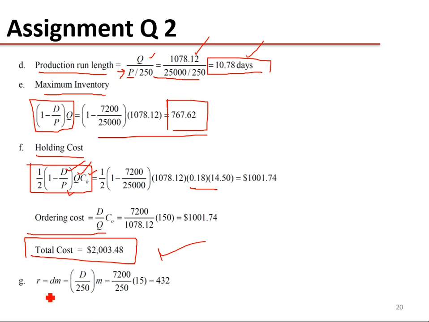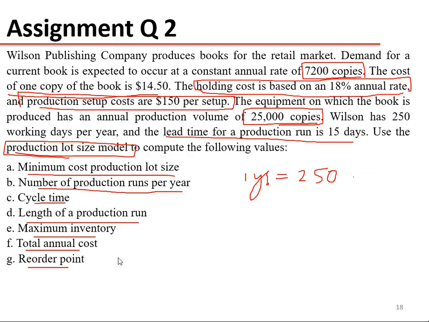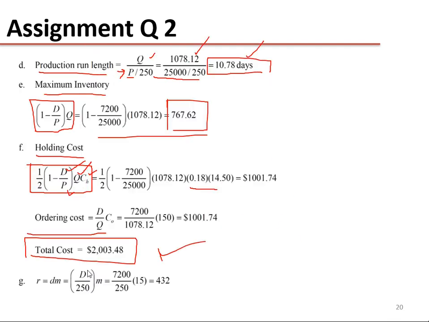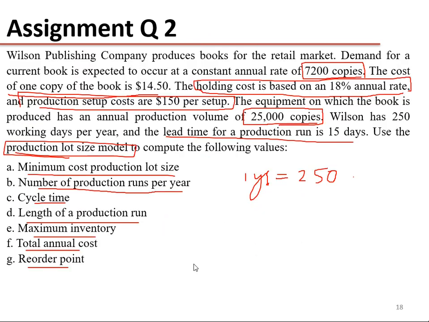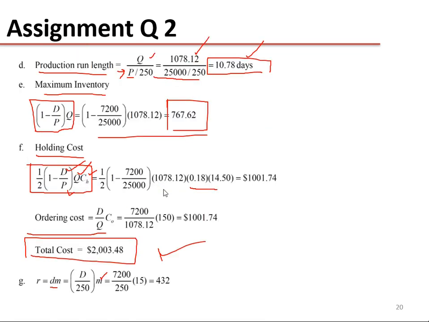And then at the last we have calculated the reorder point. Reorder point is the lead time into the m value. M is what we have calculated over there. I'll show you. This is the lead time for the production run, that is 15 days, it is given. So from here we can know this thing.